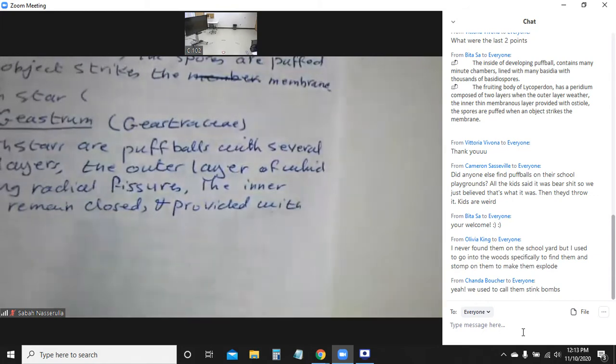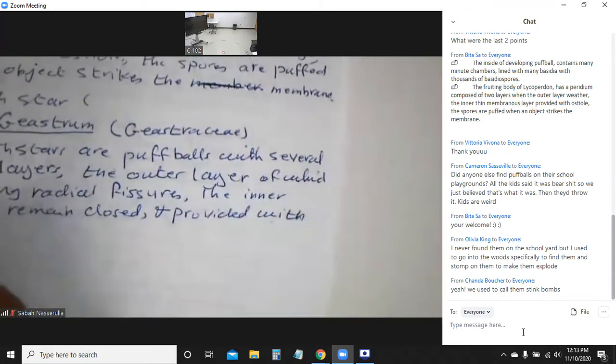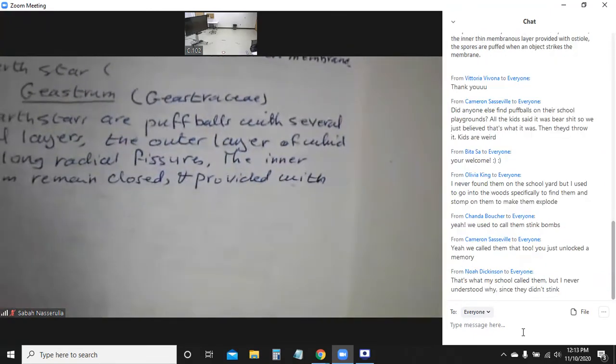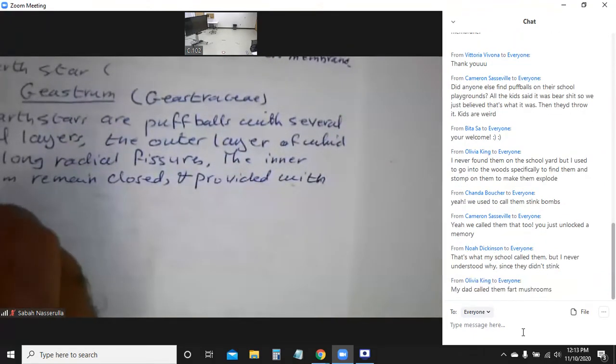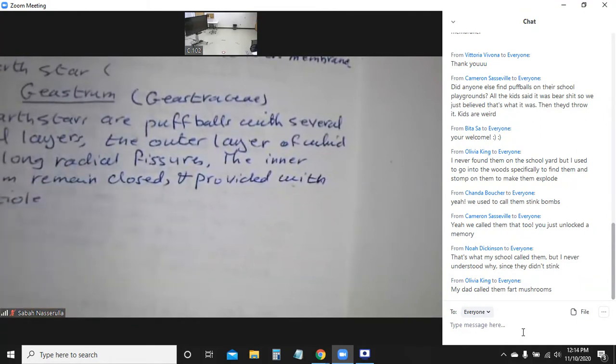Of course, the ostiole is an opening, from which the spores escape.